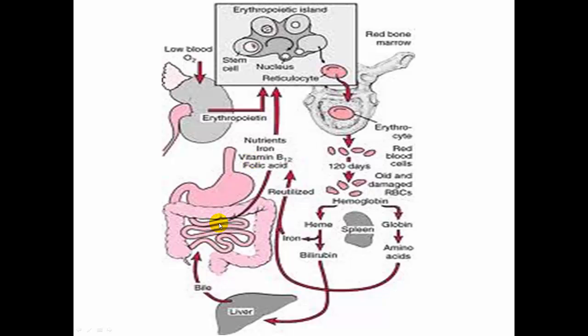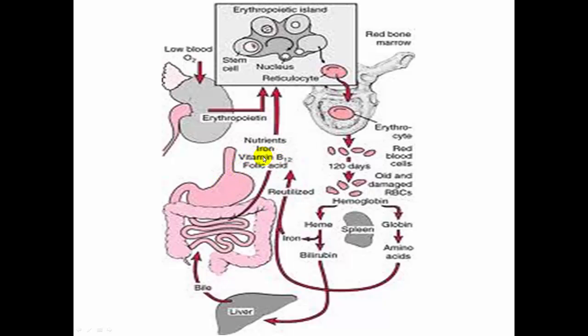Individuals who have diarrhea or they've had portions of their small bowel removed are going to have problems with absorption of folic acid, vitamin B12, and iron. And individuals who have significant ulcerations of the stomach, or they've had portions of their stomach removed, are going to have difficulty with the absorption of vitamin B12.